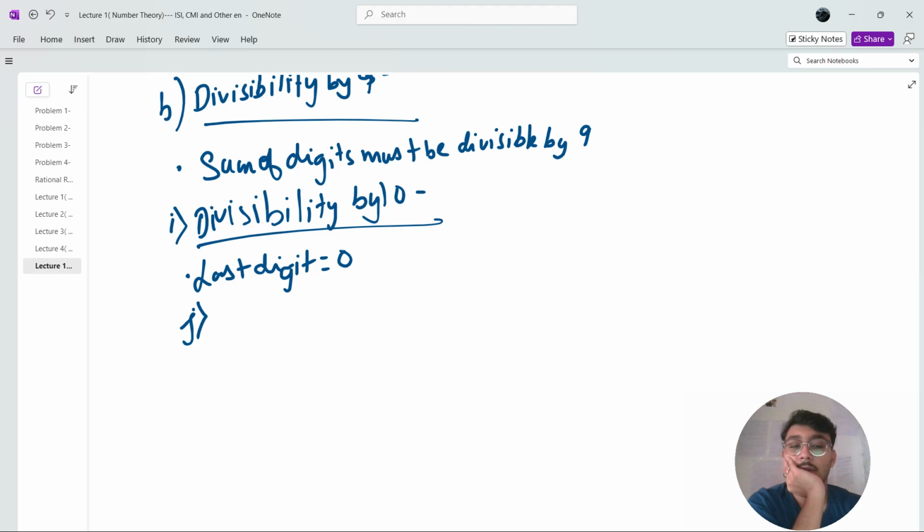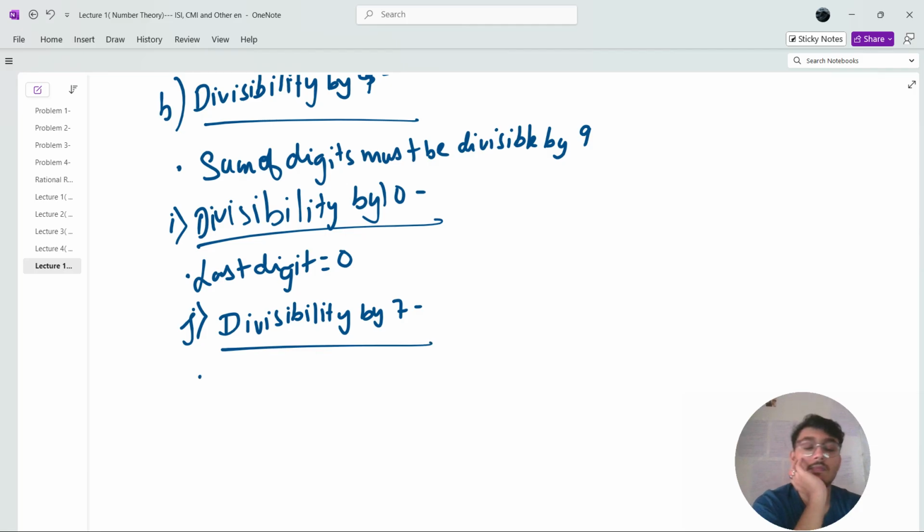There is an interesting one again, like the number 7. Divisibility by 11.